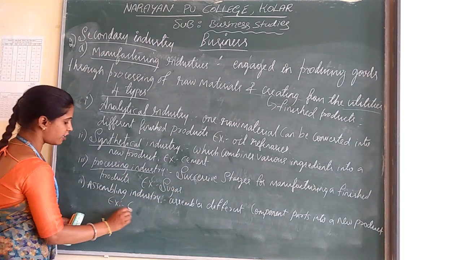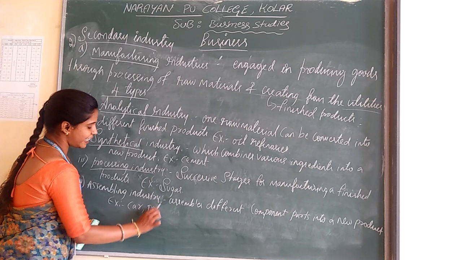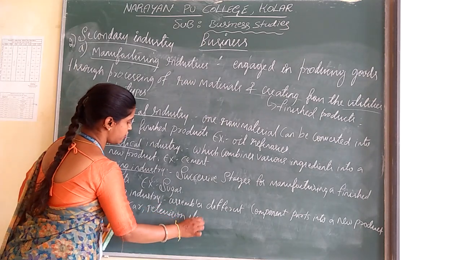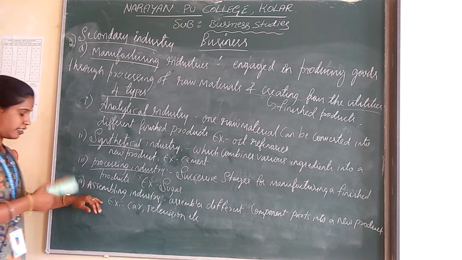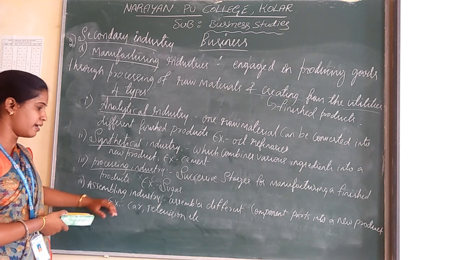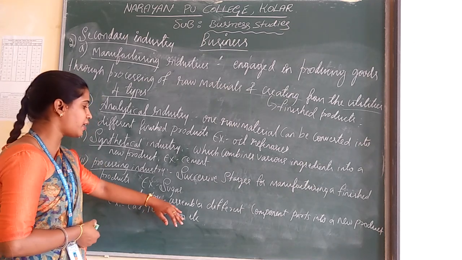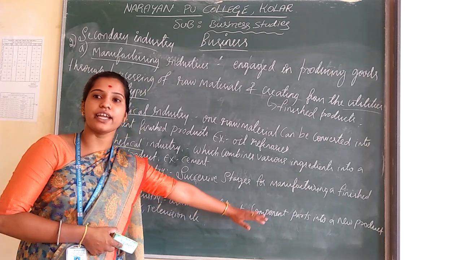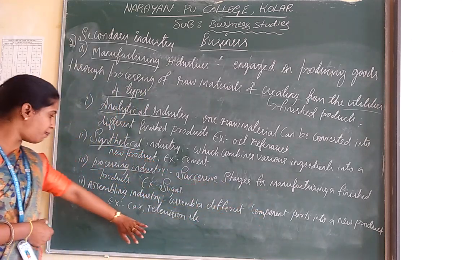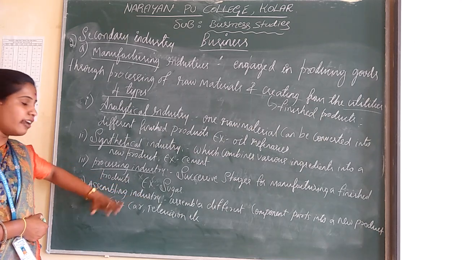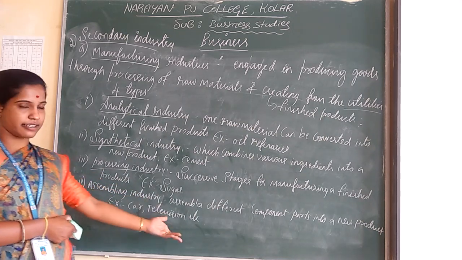For example, car, television, etc. So the assembling industries are those industries which assemble different component parts into a new product, known as assembly industry.